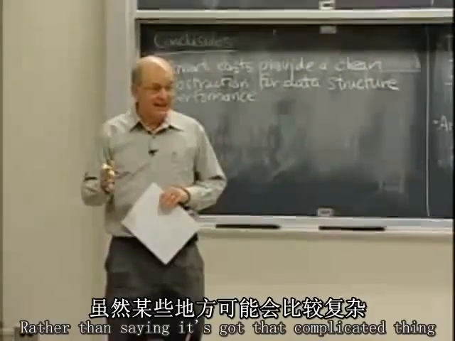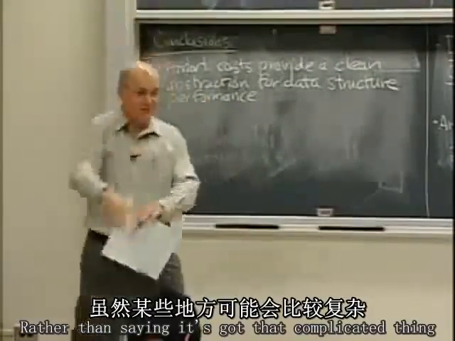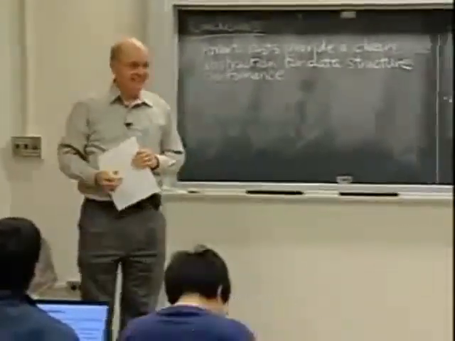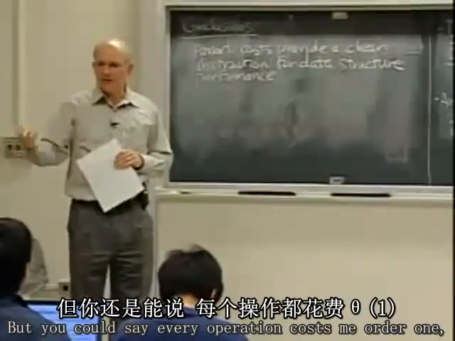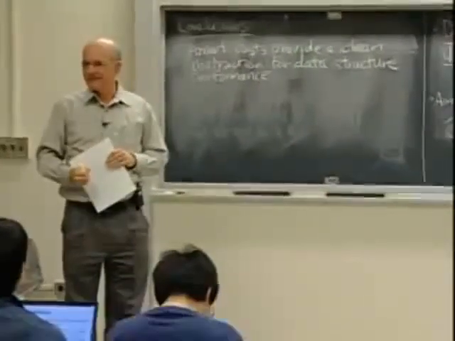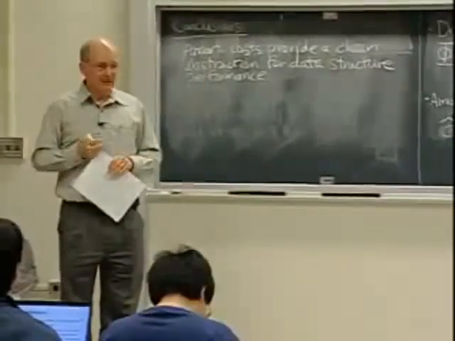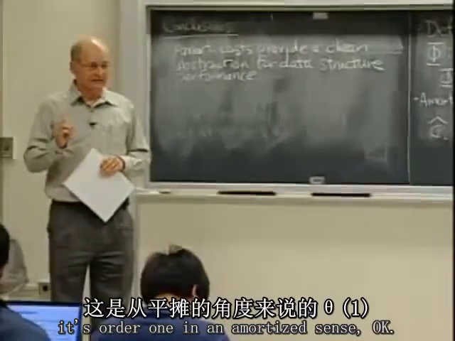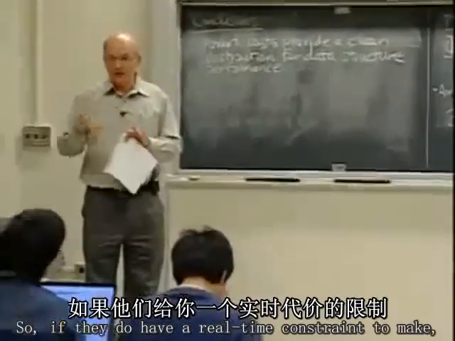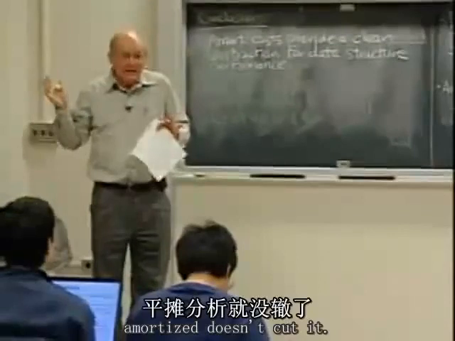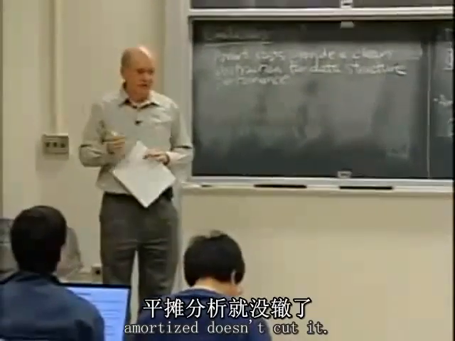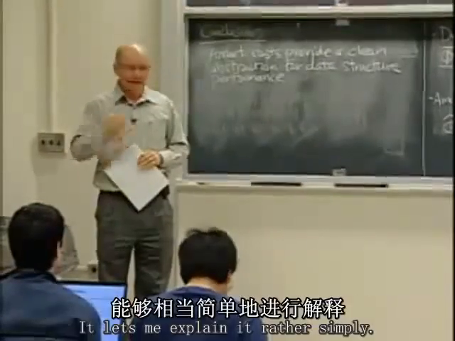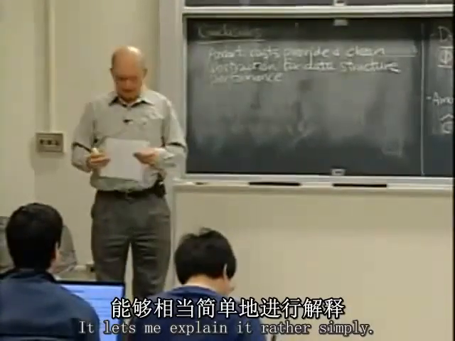Rather than saying it's got that complicated thing which sometimes costs you a lot, and having to reason about that, if you can say every operation costs me order 1, that's really simple. But they have to understand it's order 1 in an amortized sense. So if they do have a real-time constraint to meet, amortized doesn't cut it. But for many problems, it's perfectly good. It lets me explain it rather simply.